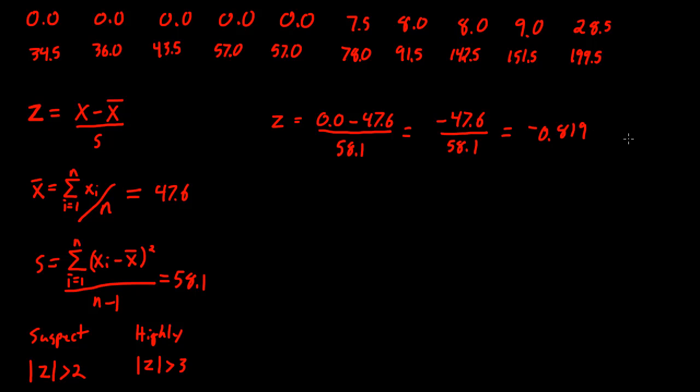So we see that this value does not fall in the range of suspect outlier or highly suspect outlier because the absolute value of this is just 0.8, which is not anywhere near that 2 cutoff that we need for a suspect outlier.